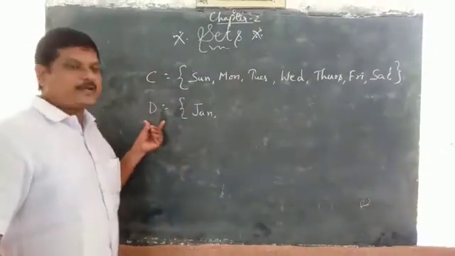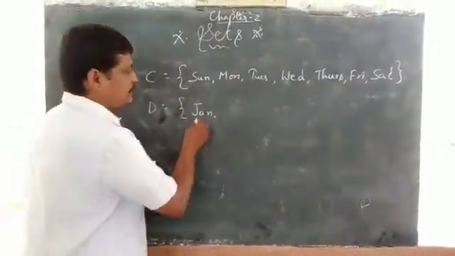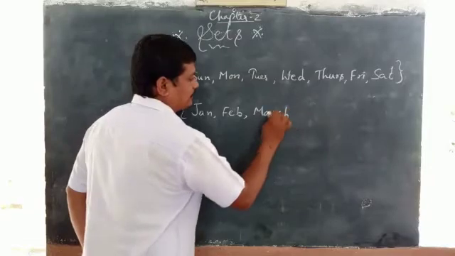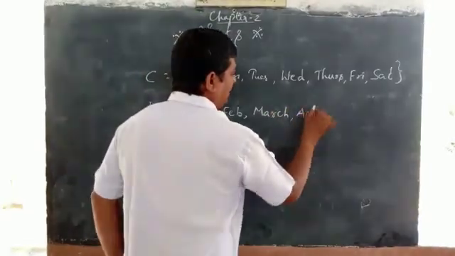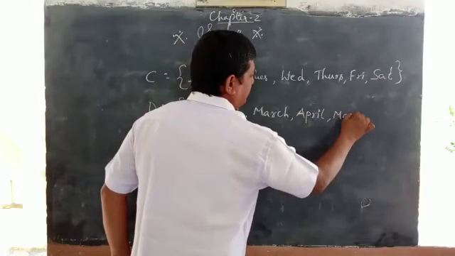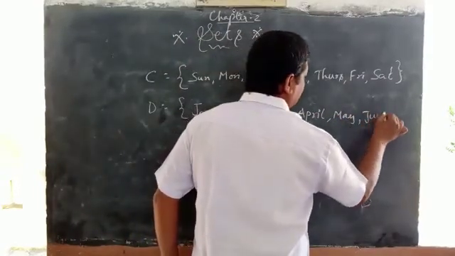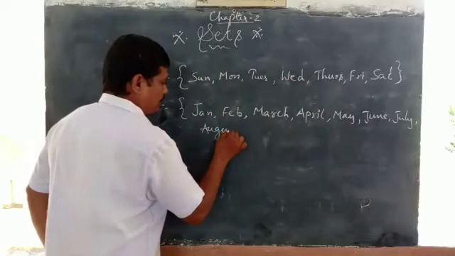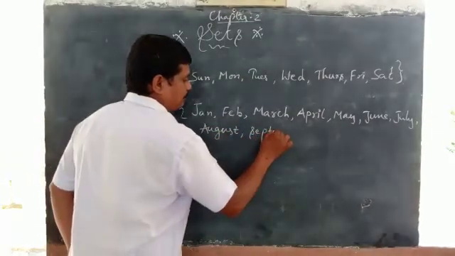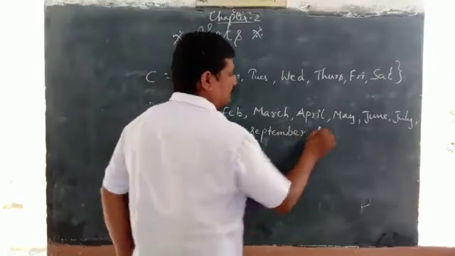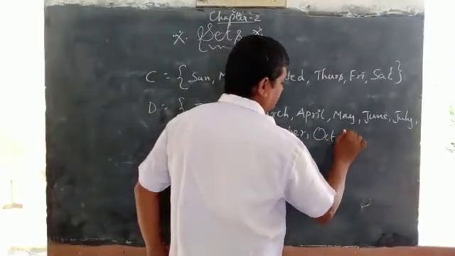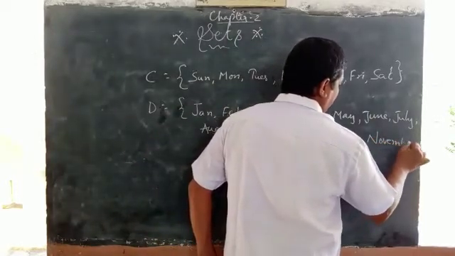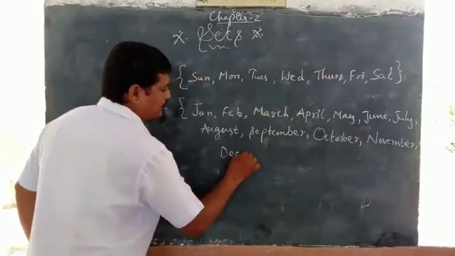Now D equals set of months of the year. Example: January, February, March, April, May, June, July, August, September, October, November and December.